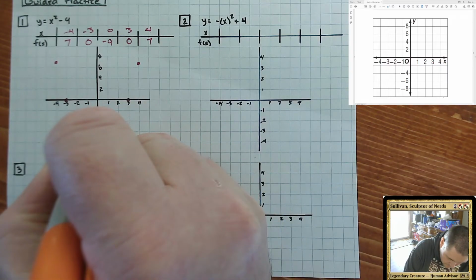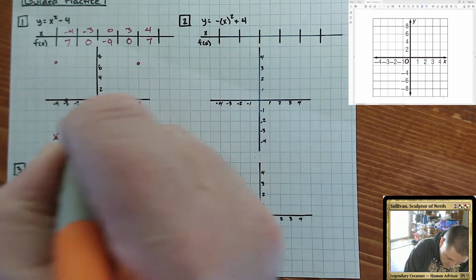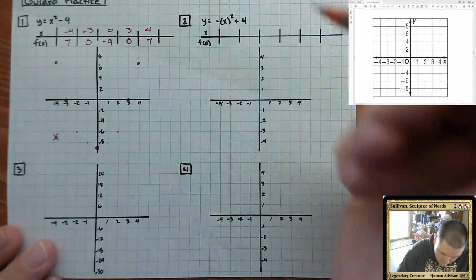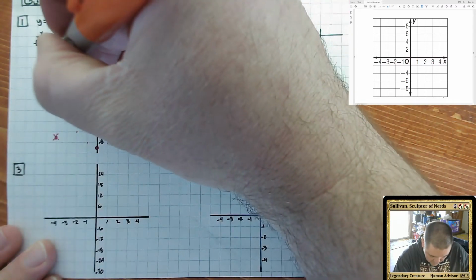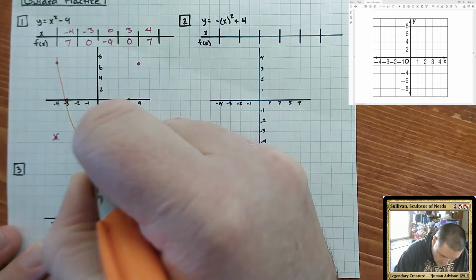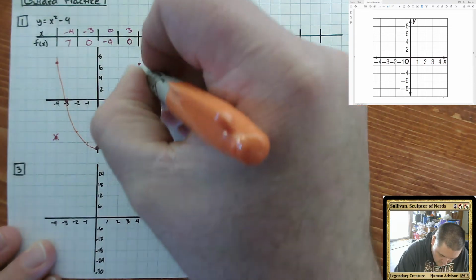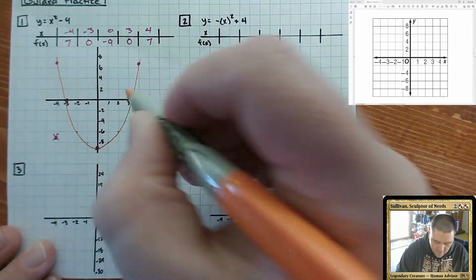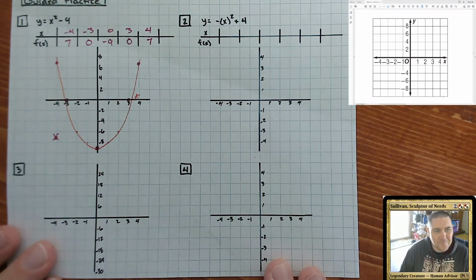Okay, connect the dots. Try to keep it curvy and actually hit the point. See, I always screw up on the right side.